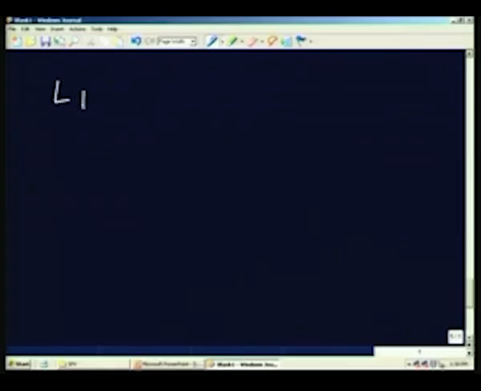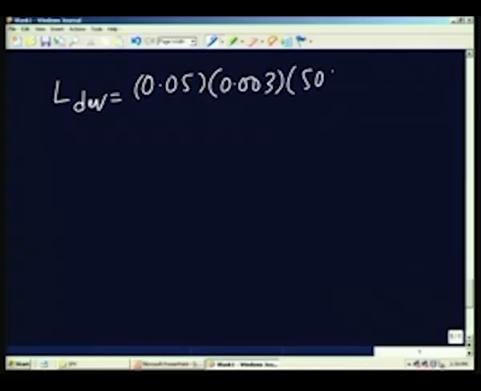If you remember, L development is equal to 0.05 multiplied by the diameter, in this case 0.003, multiplied by Reynolds number, which is 500. This is the length required for development, in meters, and it has a value equal to 0.075 meters.